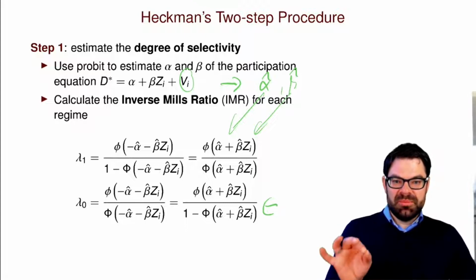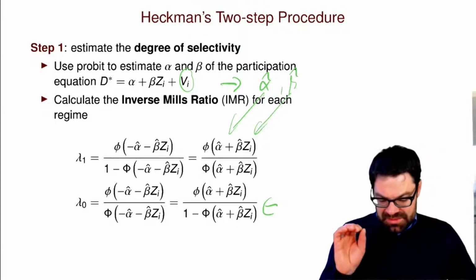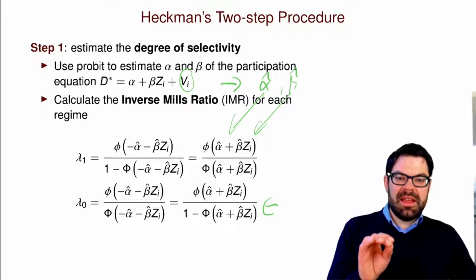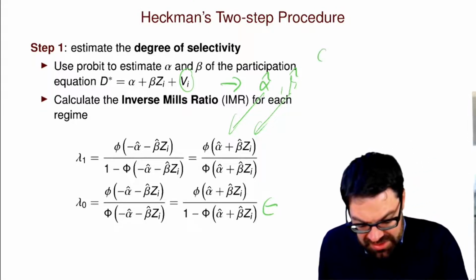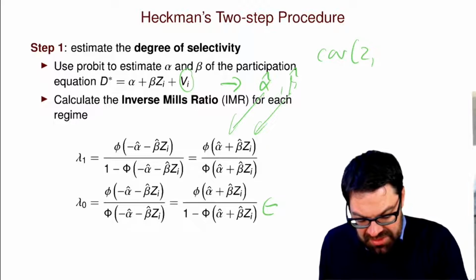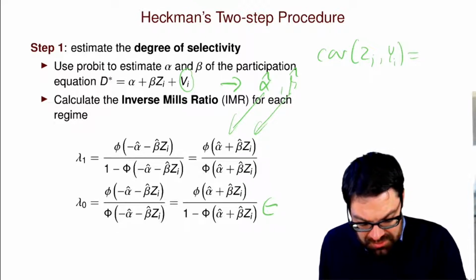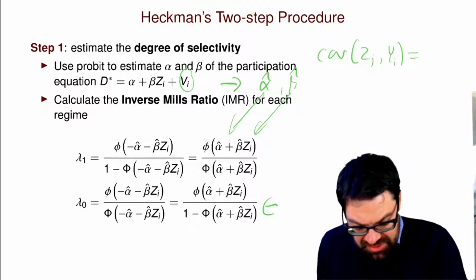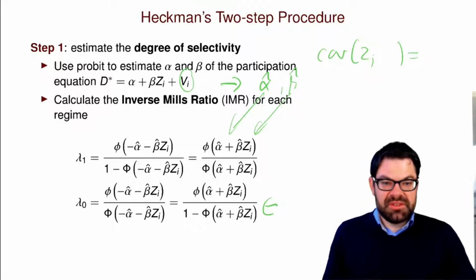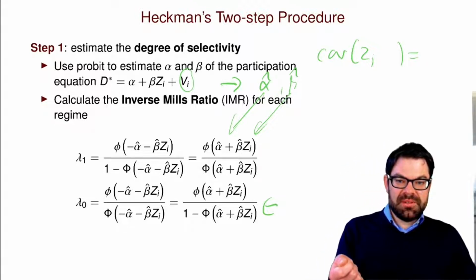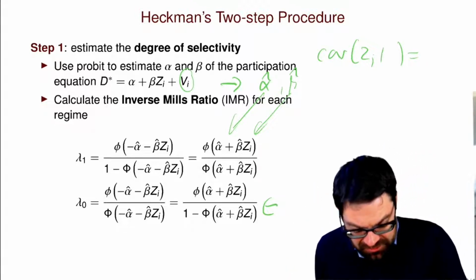Now, one thing that's important here is that we have to also make an identification assumption, because the identification assumption here is that the instrument affects the likelihood of getting treated, but has no direct effect on the outcome.